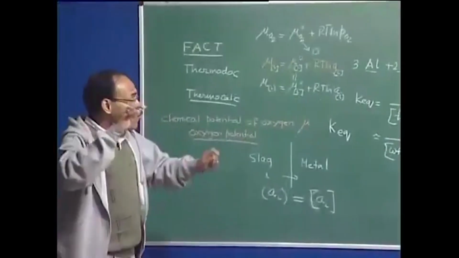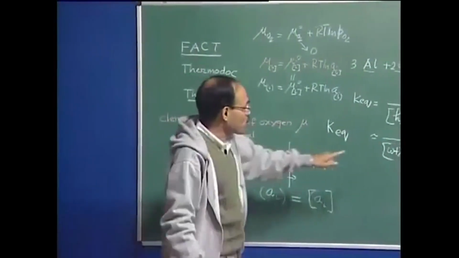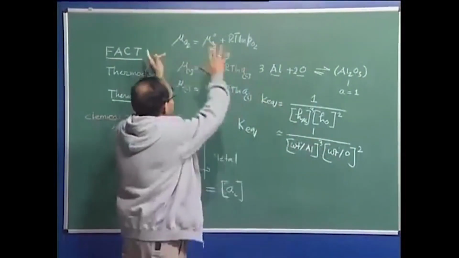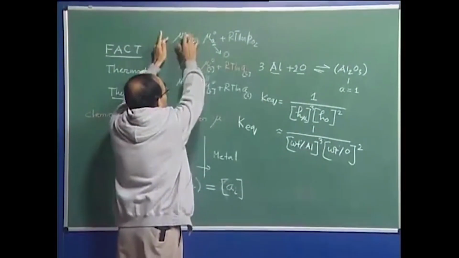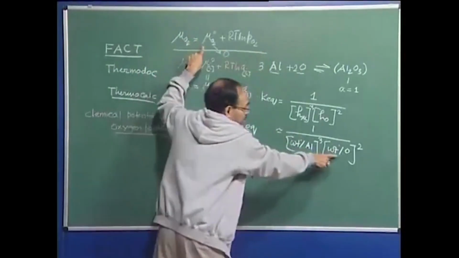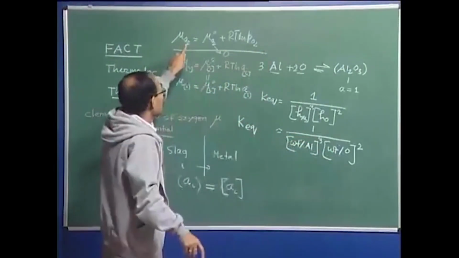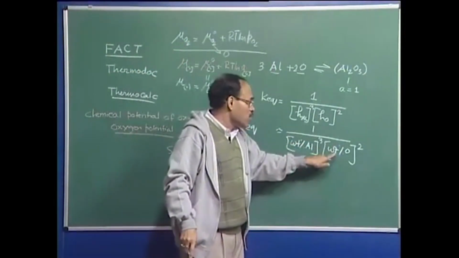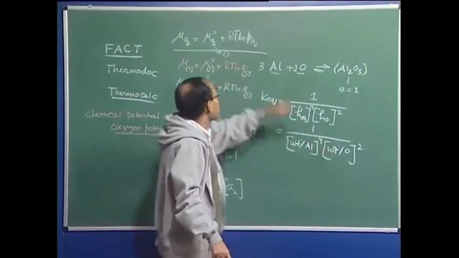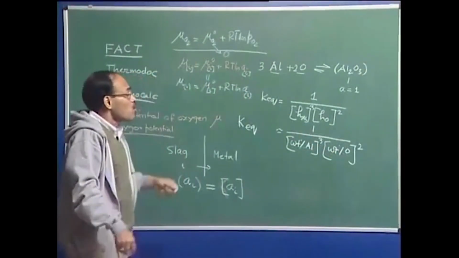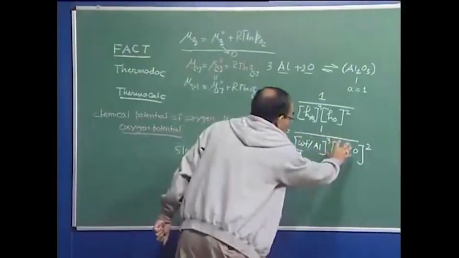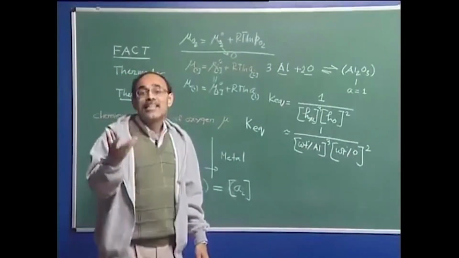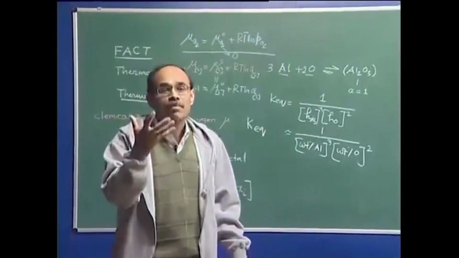So we can calculate the oxygen potential with respect to oxygen gas, and then convert it to this particular scale, because the standard states here and here are different. This is the fundamental definition of oxygen potential, and we can calculate the activity of oxygen and the oxygen potential and then translate it to this format. So wherever there is oxygen, we can calculate the chemical potential of oxygen and thereby tell the oxidizing power of the system.